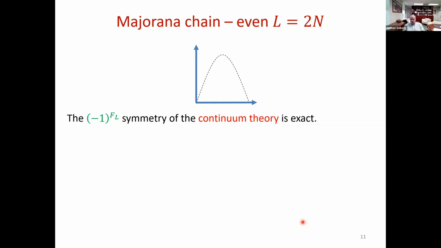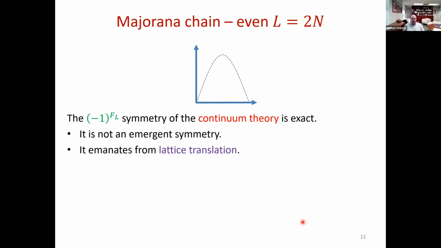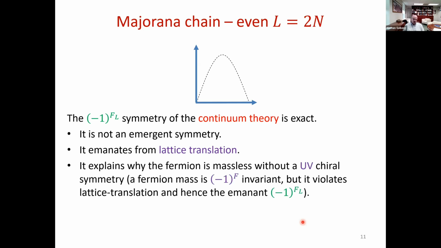There is a mass term, but it's not present in the Lagrangian. And there are lots of higher dimension operators that violate (-1)^F_L, but they're also not present in the Lagrangian. The point is that this is not an emergent symmetry. It emanates from lattice translation, and it explains this issue I just mentioned, why the fermion is massless without the UV chiral symmetry.